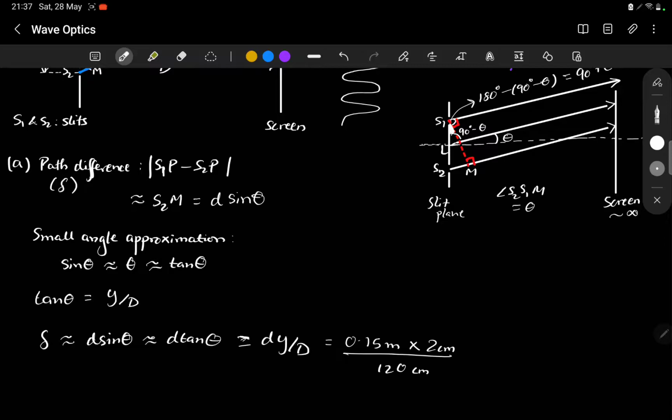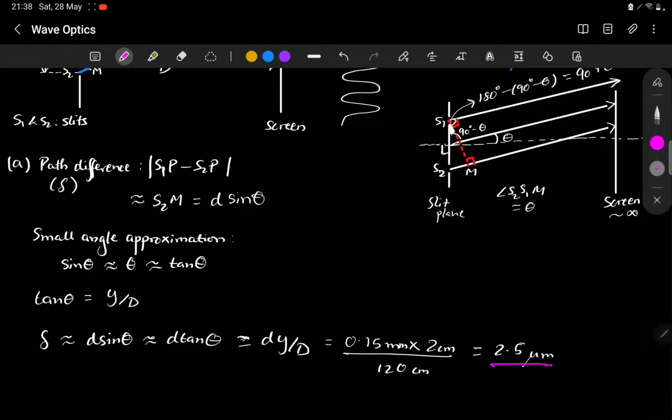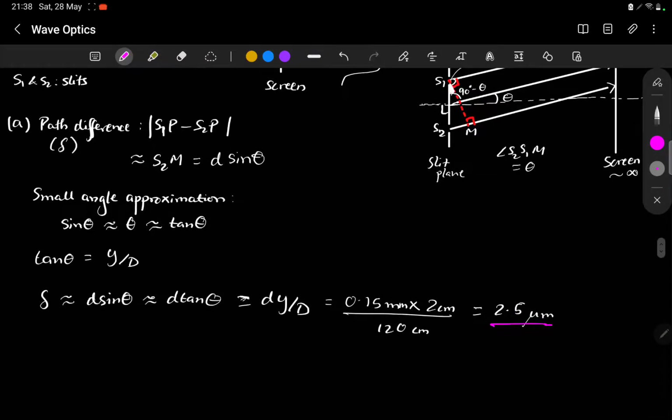So plugging these values in the calculator, we will get path difference. Sorry, this is mm. So this is equal to 2.5 micrometer. We have solved the first part, which was finding the path difference.